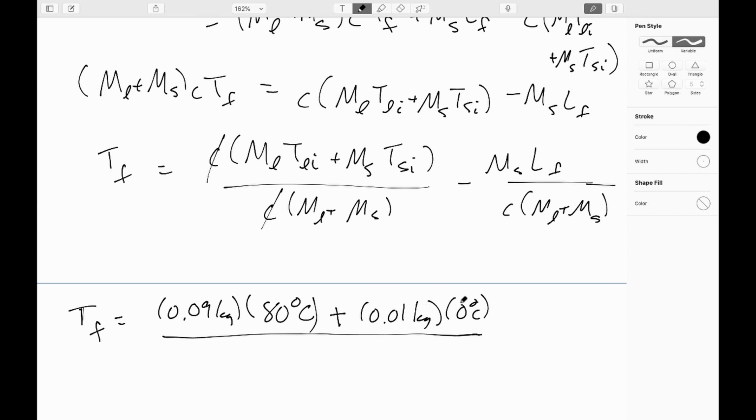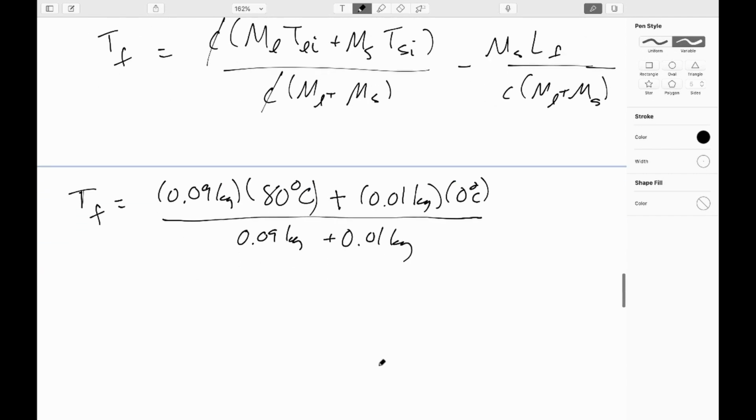At least makes this term 0, so that's something. This will be over 0.09 kilograms plus 0.01 kilograms.